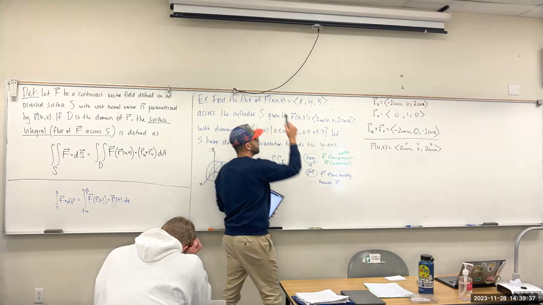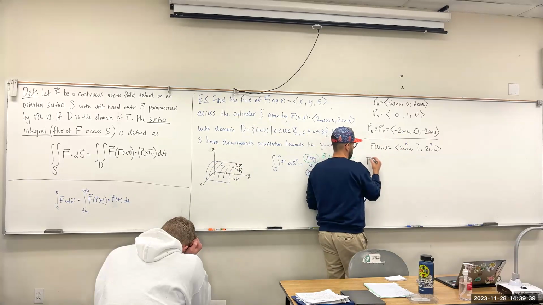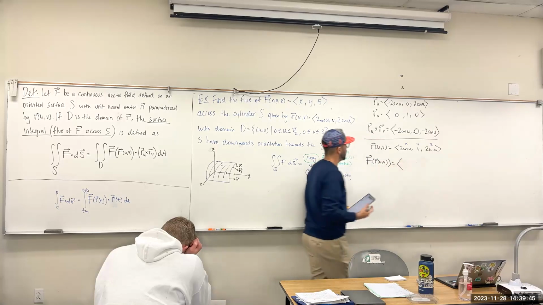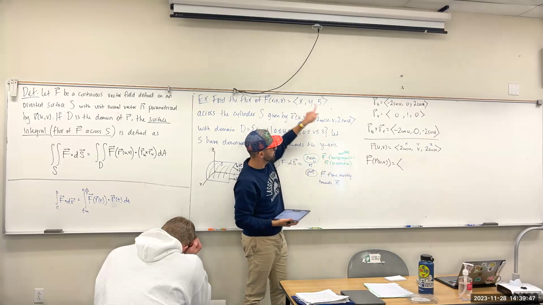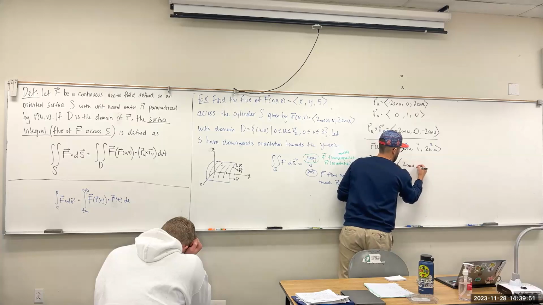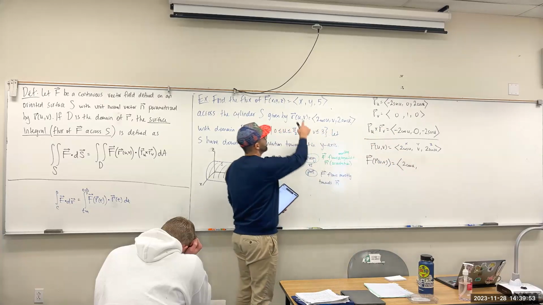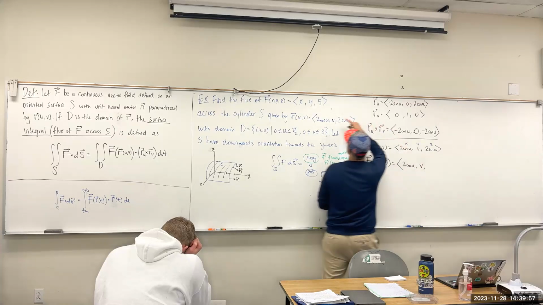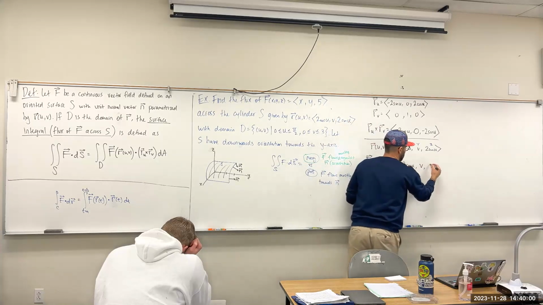That means when I plug it into my vector field, the x gets replaced with the x function, which is 2 cosine u. The y gets replaced with the y function, which is just v. And the z component is just a 5, so that stays 5.